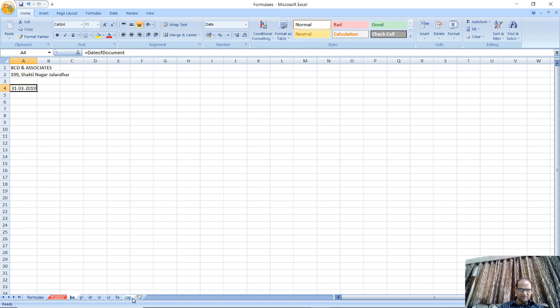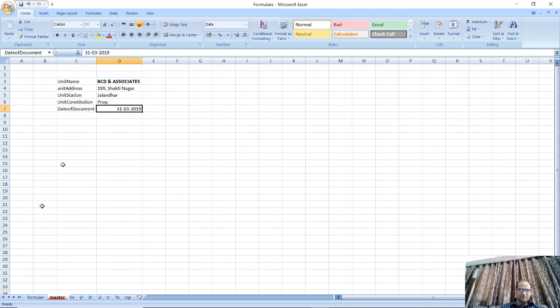In all the sheets you have inserted the name of the document, in every sheet you have written the name of the firm, address of the firm, and the date of the document. And just by changing in the master sheet, let us say now we want to prepare the balance sheet of another concern, ABC and company.